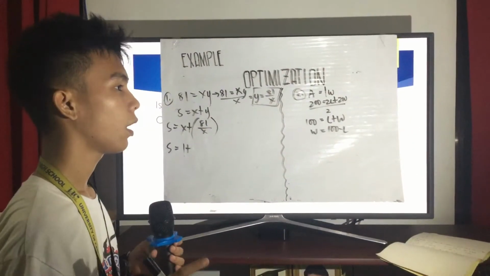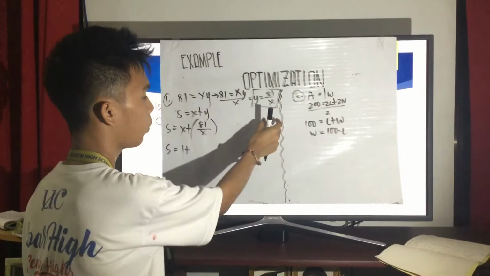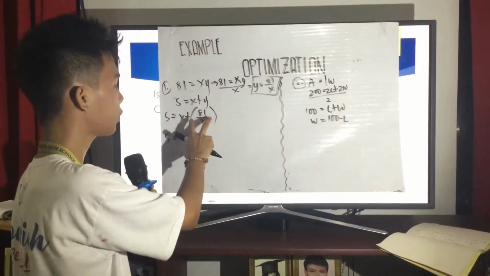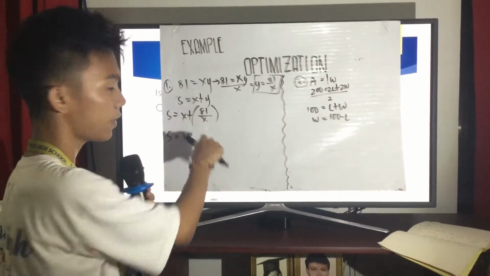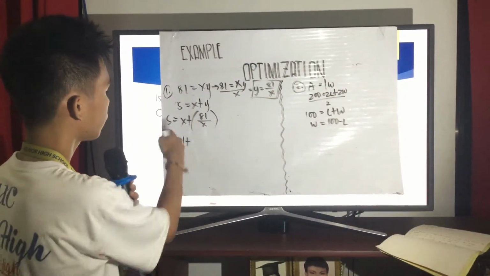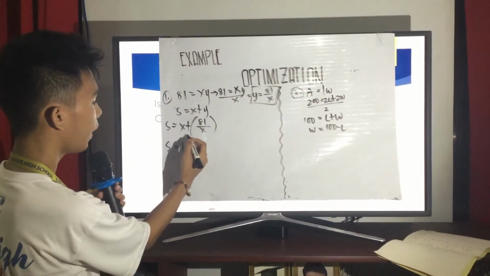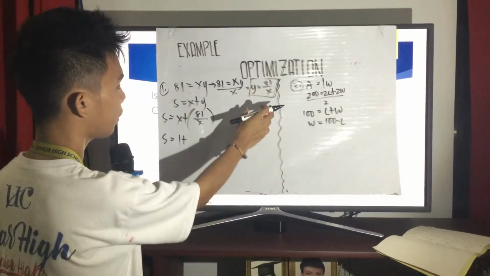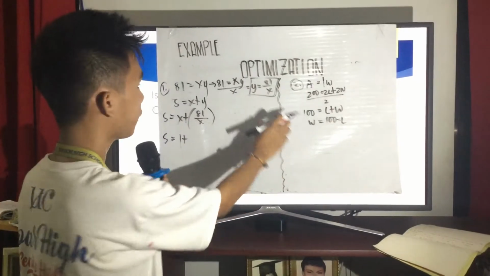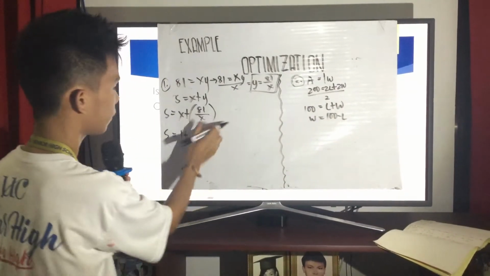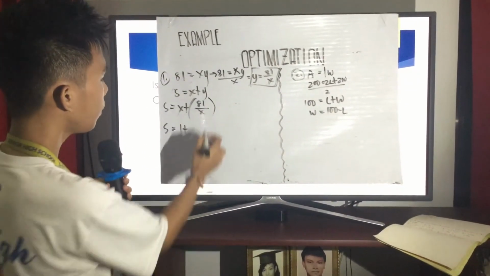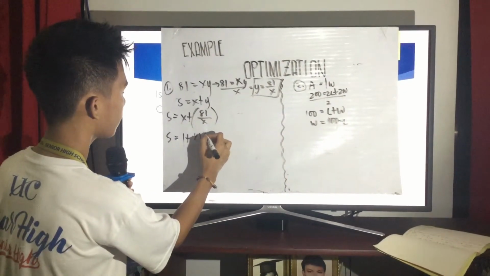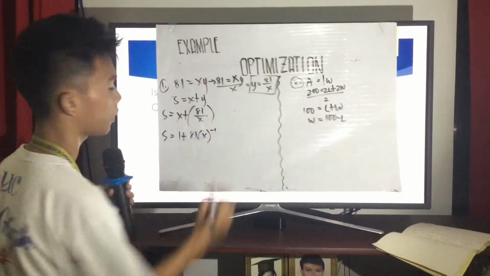Next step is that we will substitute our y variable into our objective function, s is equal to x plus y. So here s is equal to x plus the value of y, which we got from our reference function, 81 over x. 81 over x can also be written as 81 times x raised to the power of negative 1.